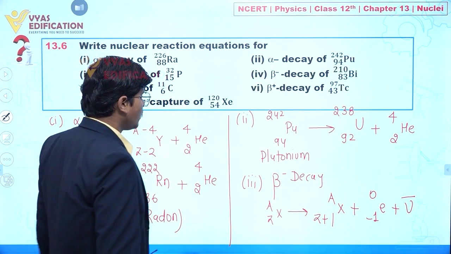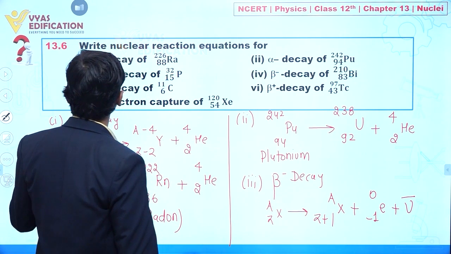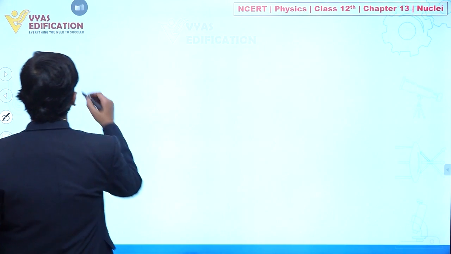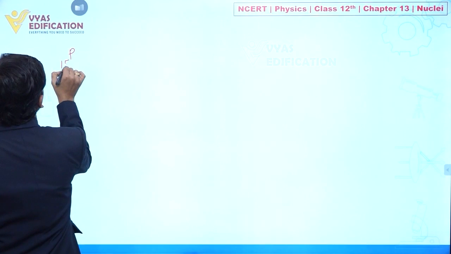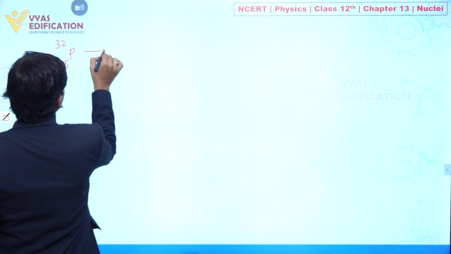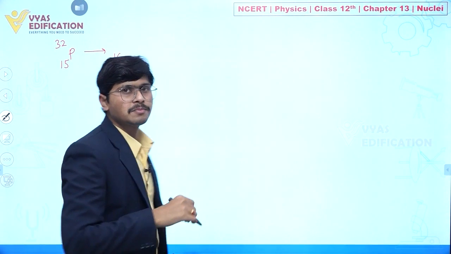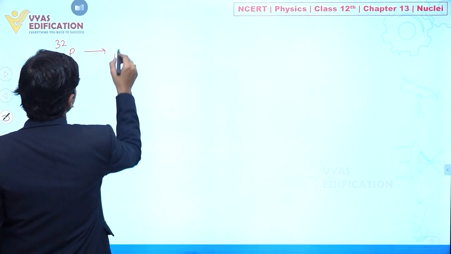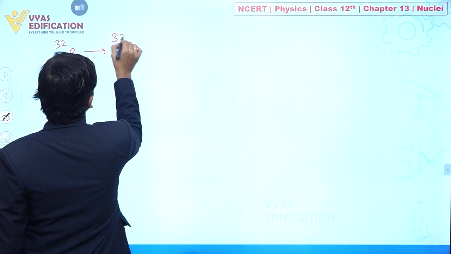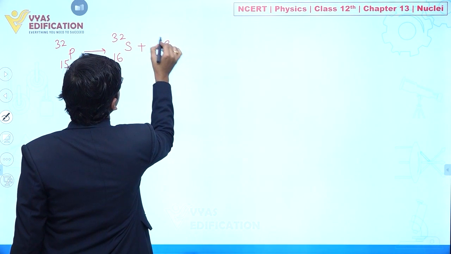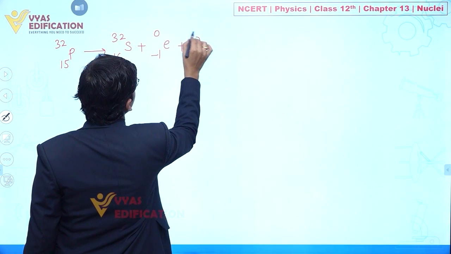Clear. So now how can we write equation number 3 for phosphorus? So phosphorus 15, 32. Now you can see the atomic number increases by 1, so definitely we will get here sulfur, that is 32, plus minus 1 electron 0, plus we have antineutrino.